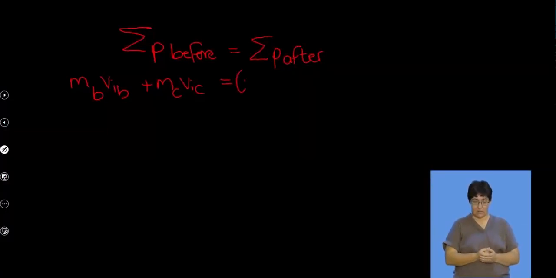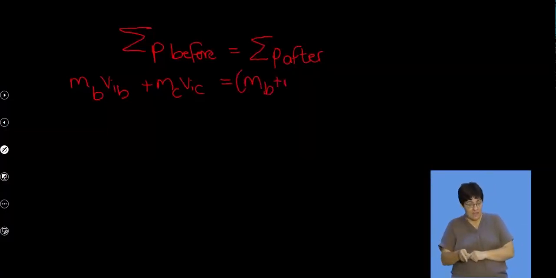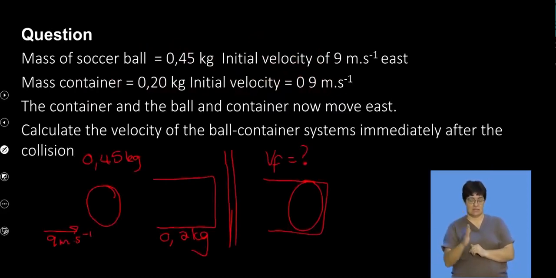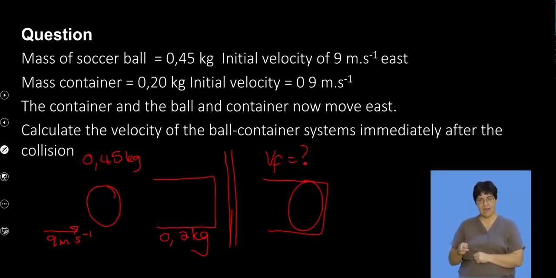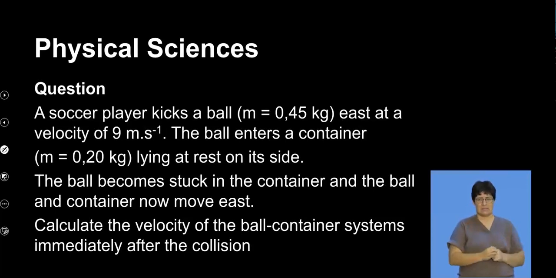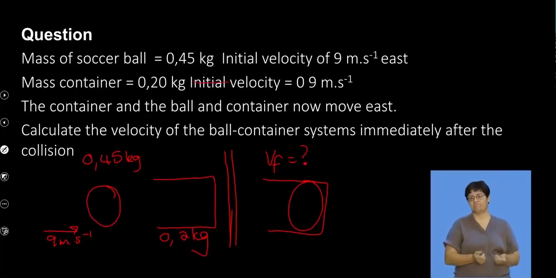Afterwards, they're one object. Okay? So let's just quickly remind ourselves of the values. So if we go back, the soccer ball was 0.45 and it's going at 9. Okay. Oh, look, hang on. I've missed something. If you look carefully, it's very important to read your questions properly. Okay. That's fine.